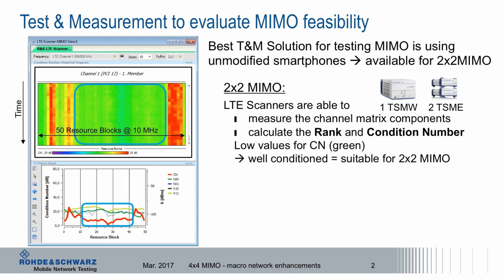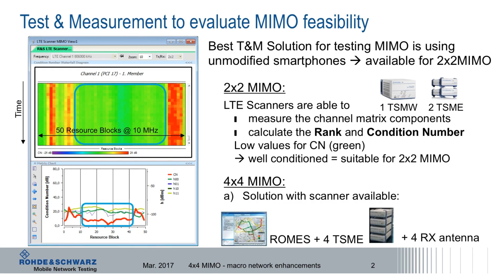So you see 50 resource blocks here, and in the middle you see a green area. The green area indicates a very low condition number. So this part in the spectrum is very useful for 2x2 MIMO. Low values for the condition number mean we have a well-conditioned setup, and this is suitable for 2x2 MIMO.